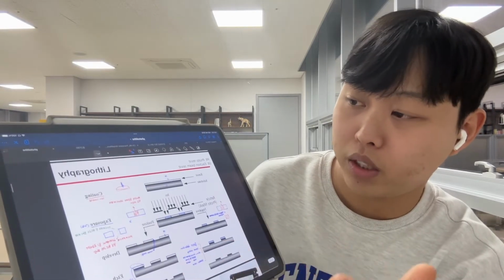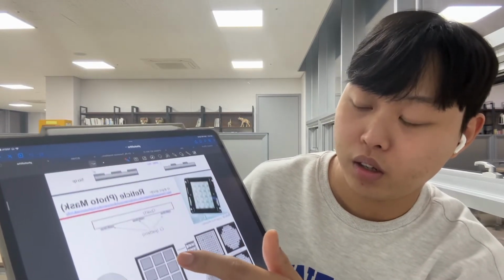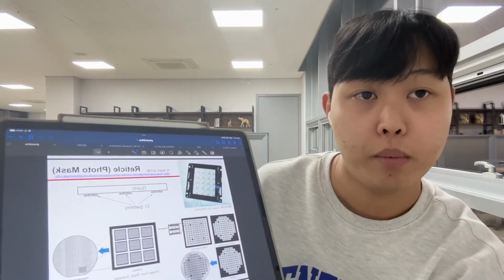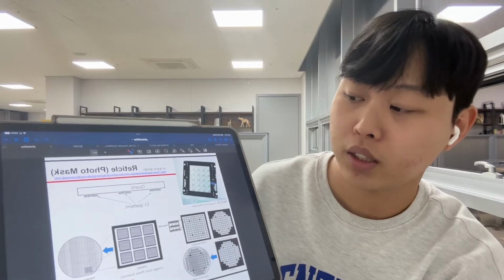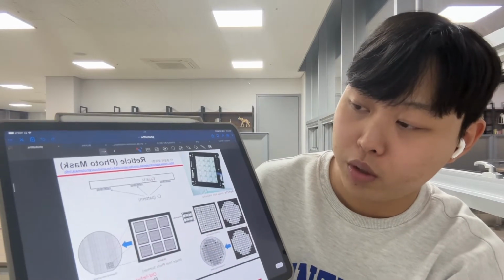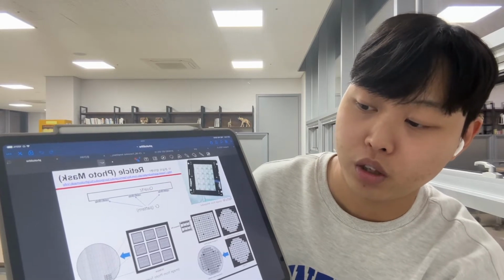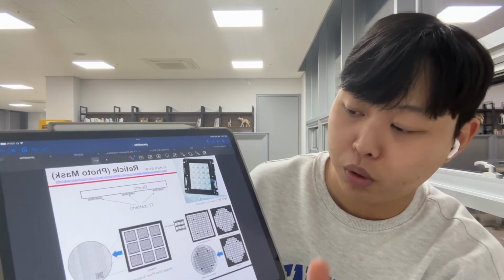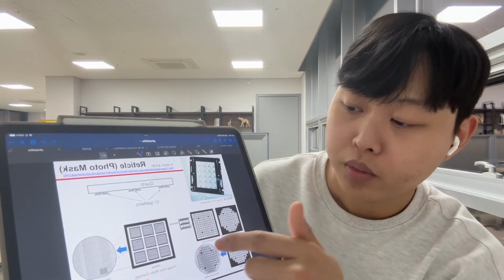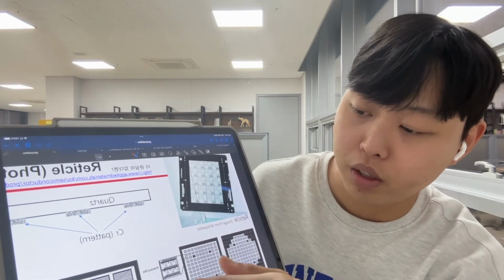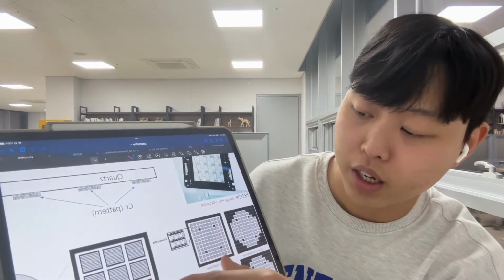So this is the basic lithography, and now I'm going to talk about the reticle, which is the same thing as the photomask. It is a very important part for patterning the wafer. We expose light on the reticle, and there are some structures that we want to place on the wafer die.